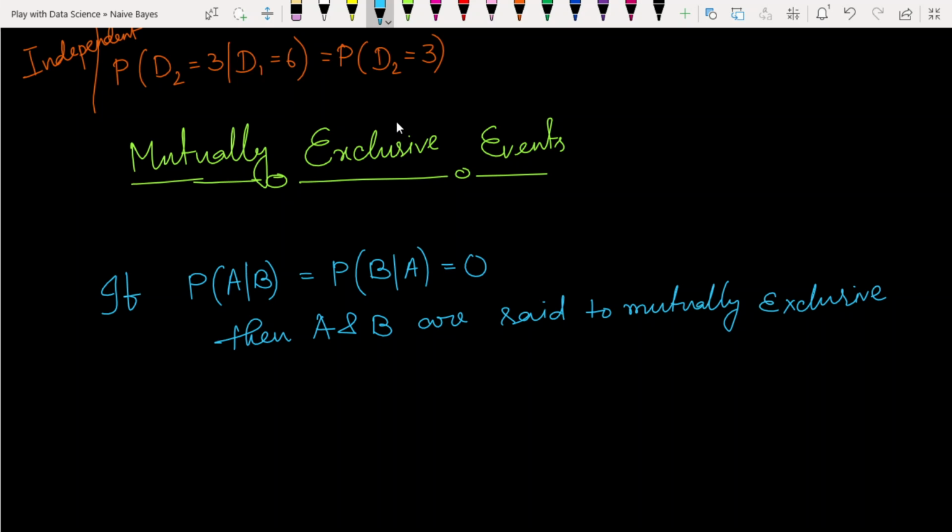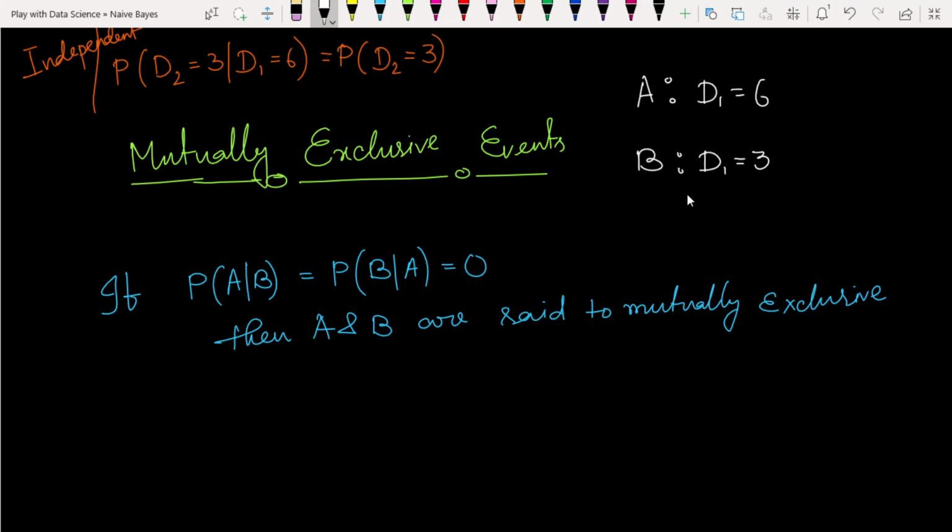Now let's consider two events, A and B. Event A is if we throw die 1 and get the value 6, and event B is if we throw the same die, d1, and get the value 3.